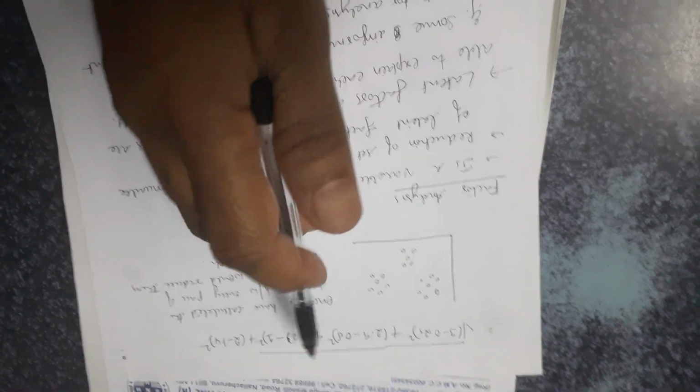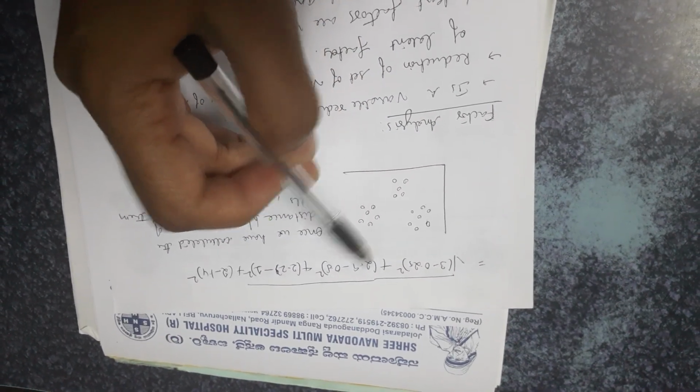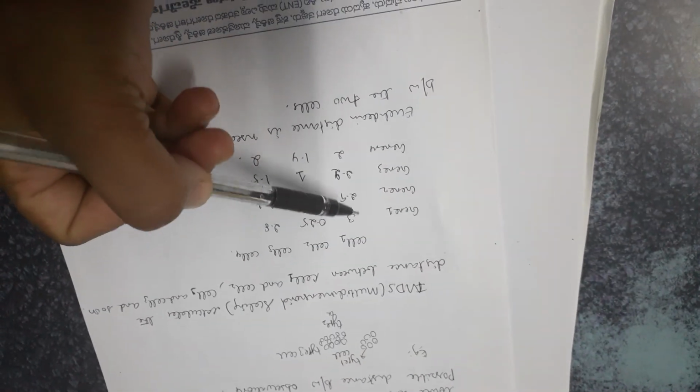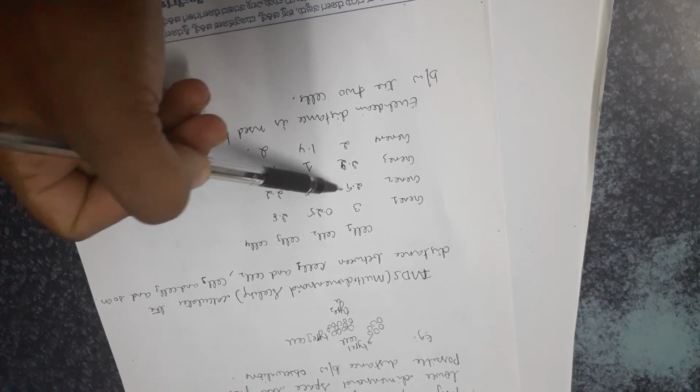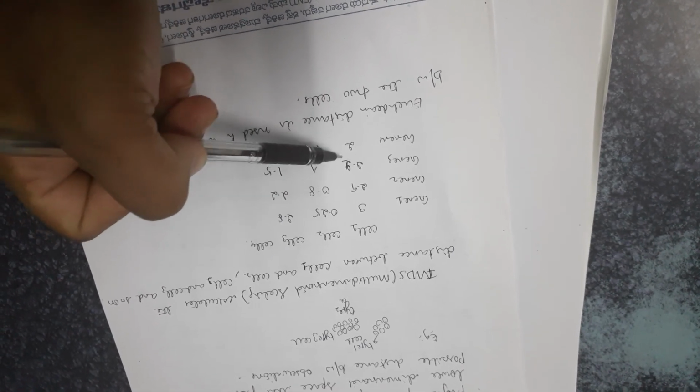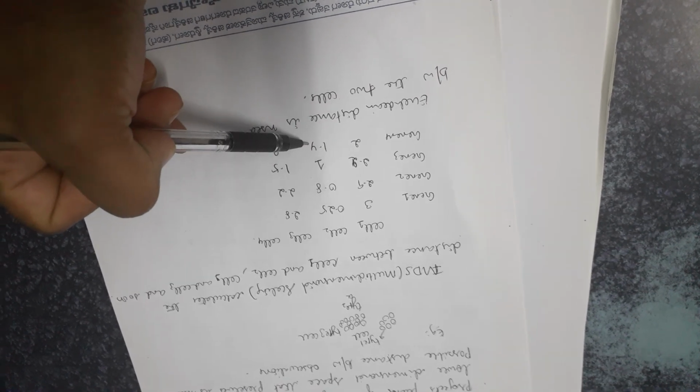So here, to find the difference for all the genes, I am using the Euclidean distance formula: square root of (3 minus 0.25) whole square plus (2.9 minus 0.8) whole square, and so on for 2.2 minus 1 and 2 minus 1.5.